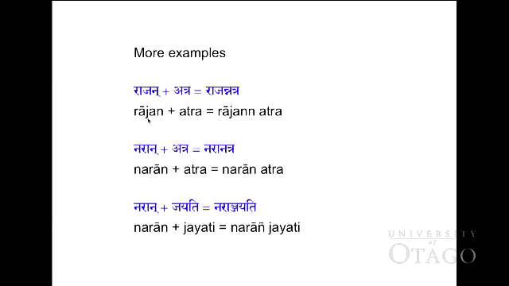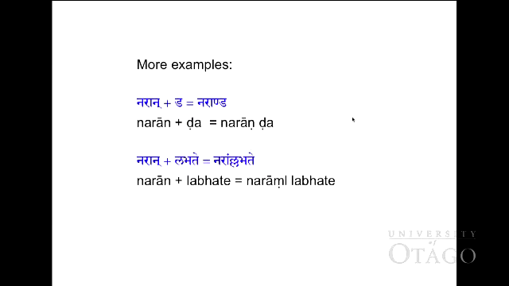Let's see more examples. Rājan plus atra, double n over here, so it will be rājann atra. Narān atra, narān atra. Narān jayati will be narāñ jayati, change n to ñ. Narān ḍa will be narāṇ ḍa, change n to ṇ. Nalān rabhate, so we change n to ṁl, nalāṁl rabhate.